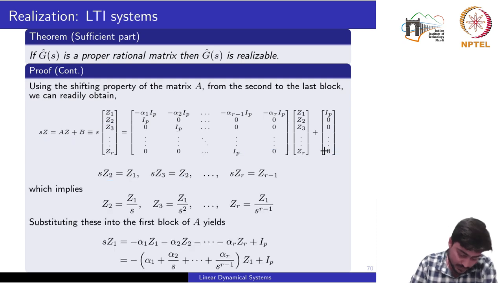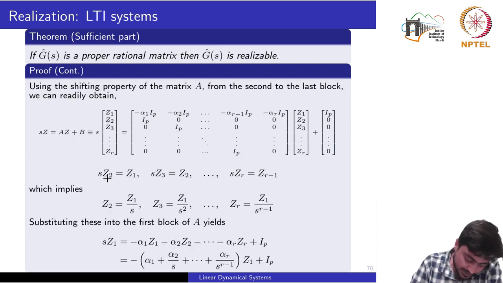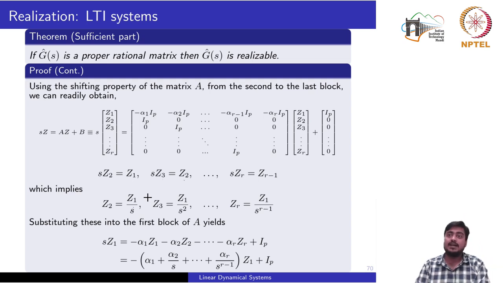Now from here, we compute this. We can write Z2 as Z1 by s, Z3 as Z2 by s, and then replacing Z2 by Z1 by s, we can parameterize all these Z in terms of Z1 and the powers of s.